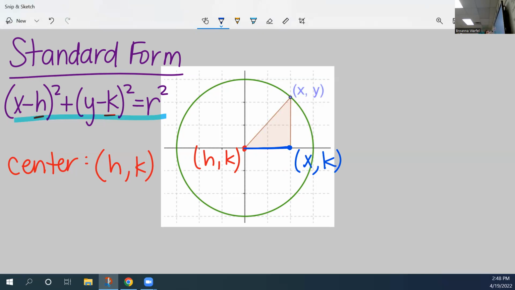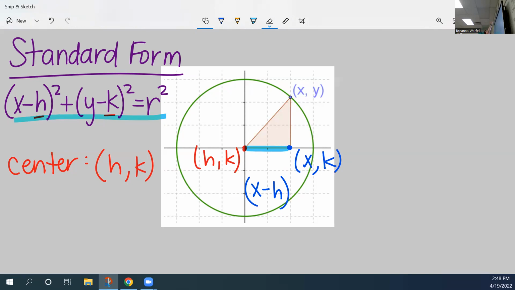So x value is x, y value is the same as k. Let's figure out how to find this distance right here. That distance is your x value minus your h value, because think about it, 2 minus 0 gives you 2. So this side is x minus h.